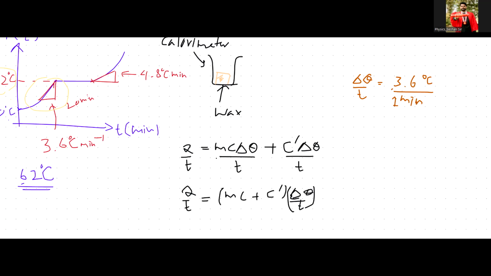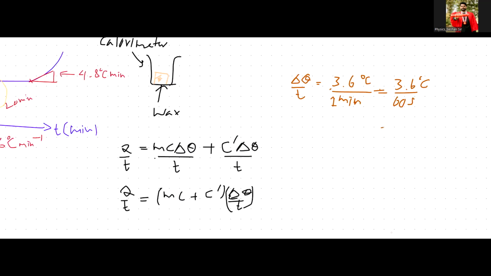I'm just substituting the values. 3.6 divided by 60. This is seconds, this is Celsius. So what is the answer for this one?